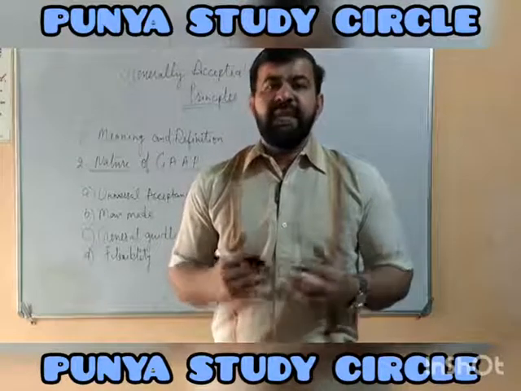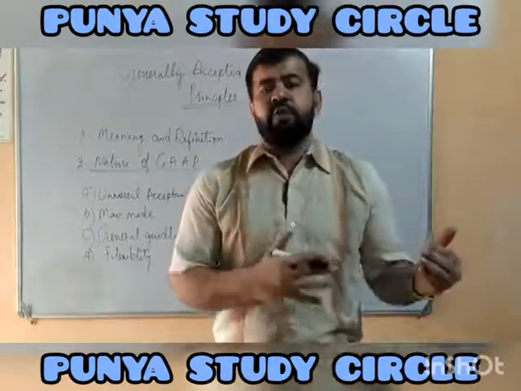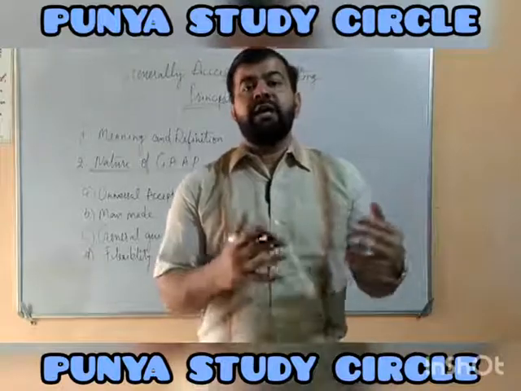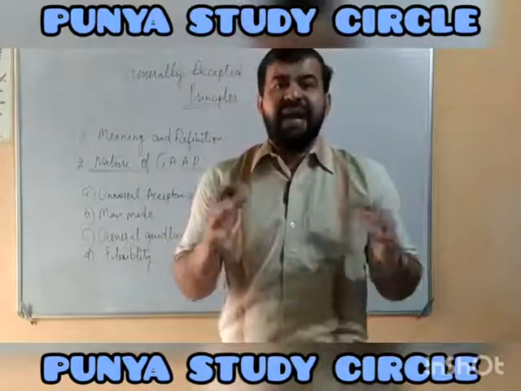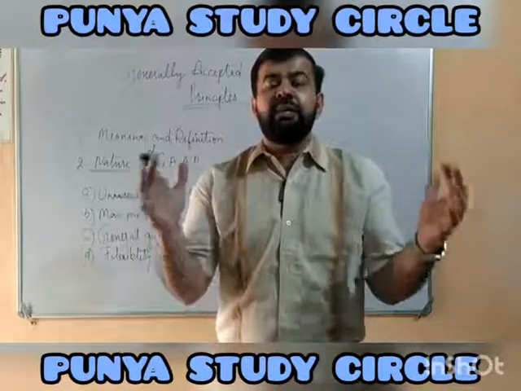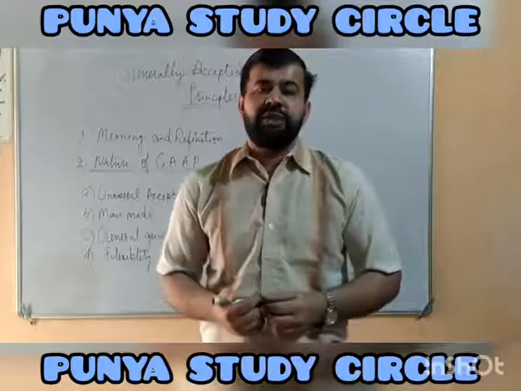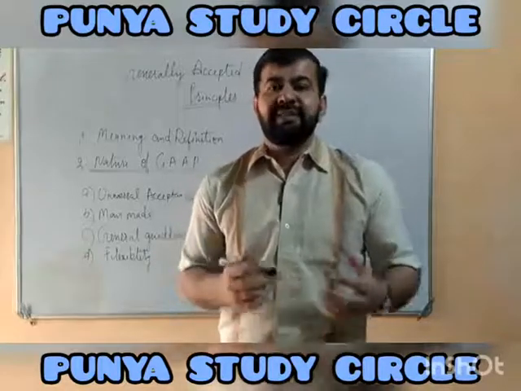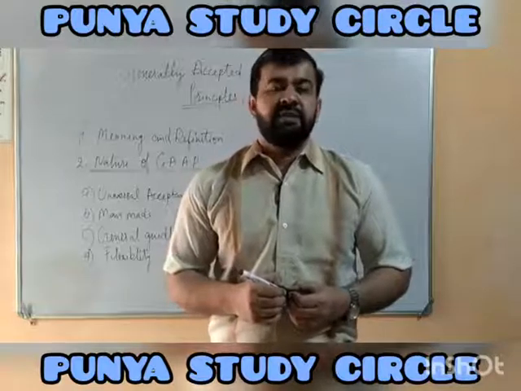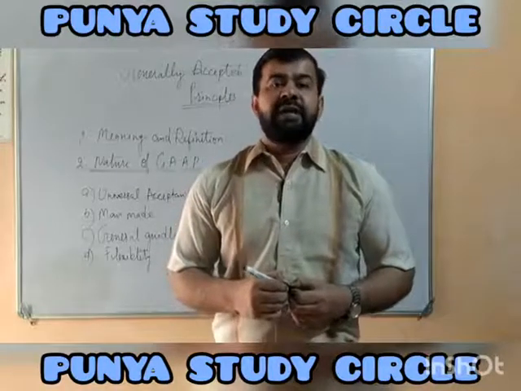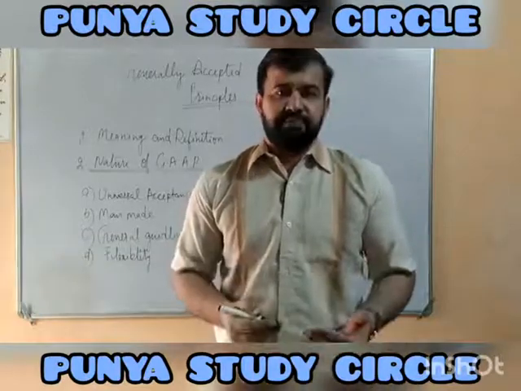It means they found accounting principles more relevant for the corporate form of business organization, or a company form of business organization, but practically their scope has increased considerably since it was defined by the Securities and Exchange Commission of the United States of America. Today we can say that generally accepted accounting principles are general guidelines which are used in recording and reporting of financial statements.